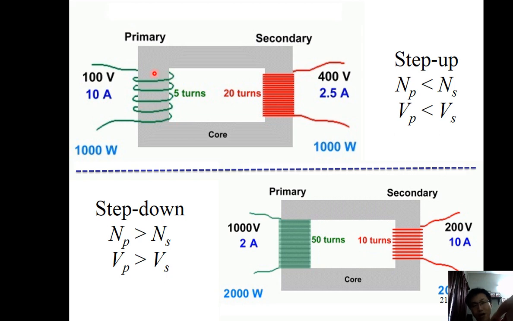Which means if I vary the current in a winding, the flux will also vary. If it is AC, then the flux will go clockwise or counterclockwise.